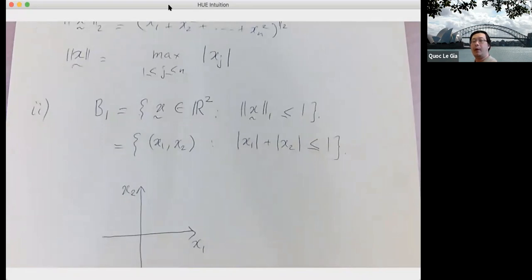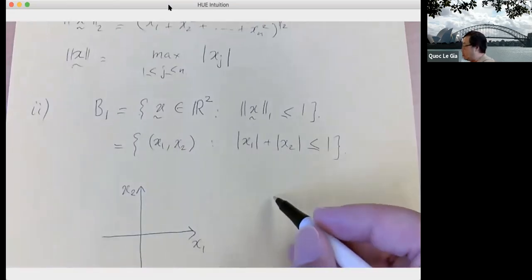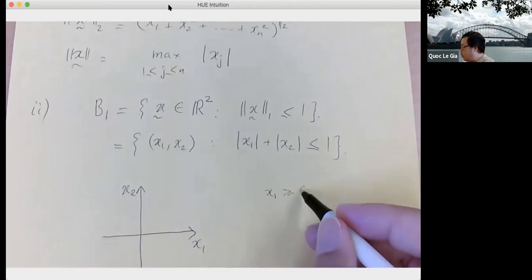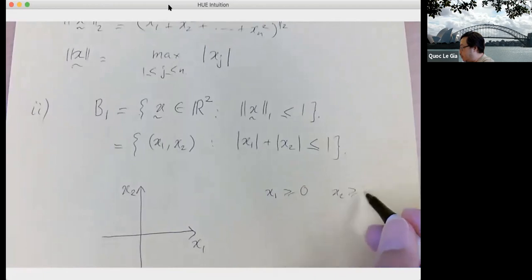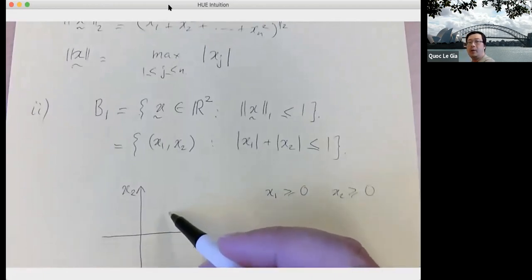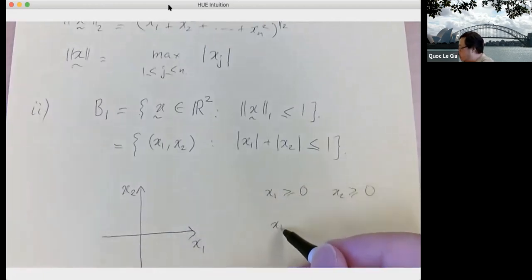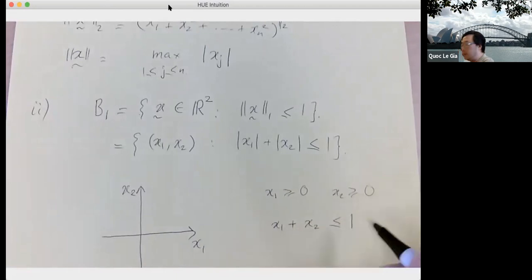Let me give you a hint. Suppose you want x1 positive and x2 positive, so you consider the first quadrant here. Then what is the region that satisfies x1 plus x2 less than or equal to 1? So what is this region?